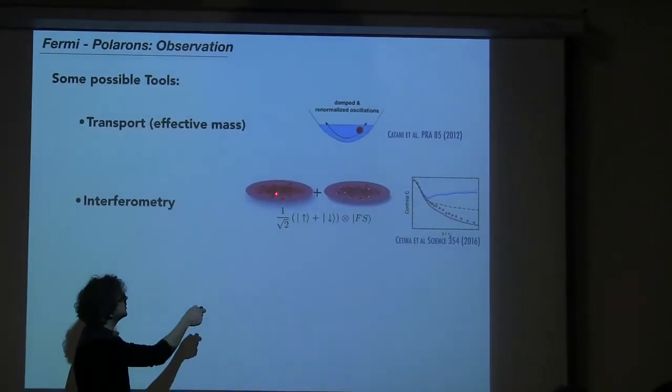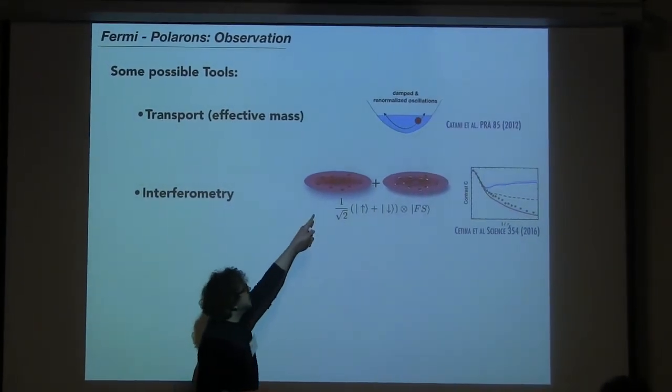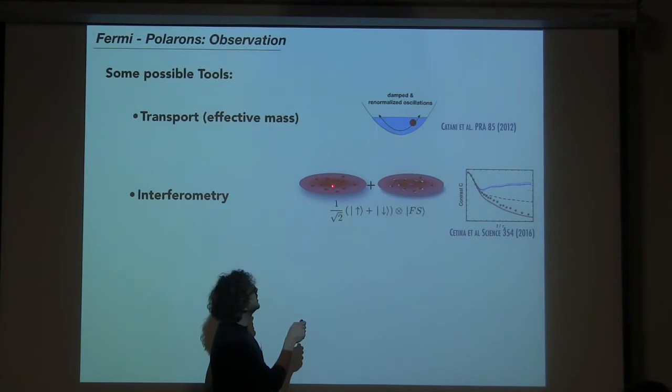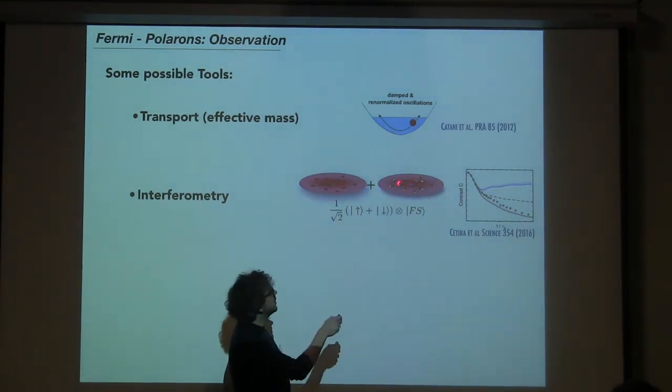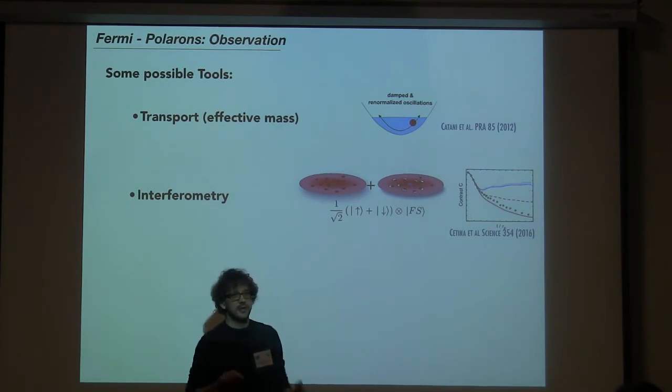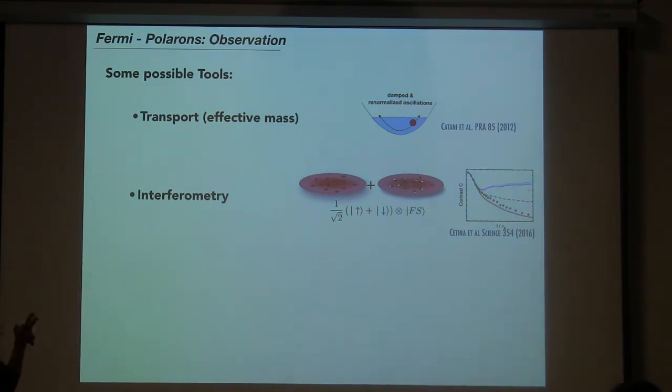You take an impurity which has two hyperfine states, and we put the impurity at time t equals 0 in a superposition state of one hyperfine state where it does not interact with the fermions, and one state where it interacts with the fermions. So we kind of created this, it's not a cat state really, but it's a state where the system is a superposition of seeing an impurity and not seeing an impurity.